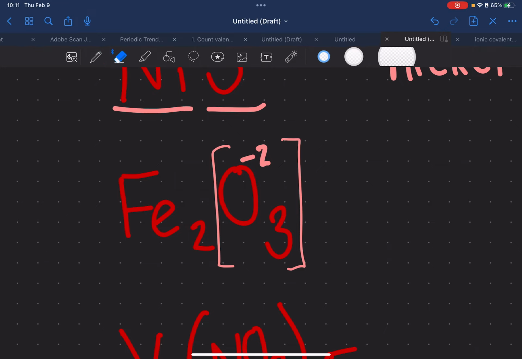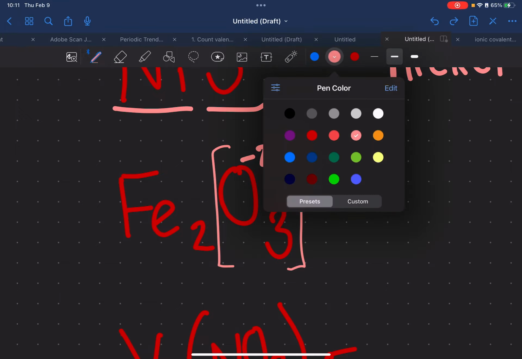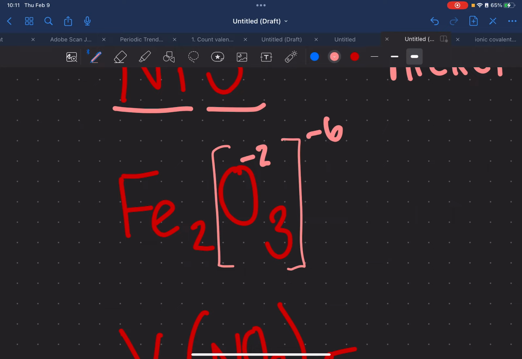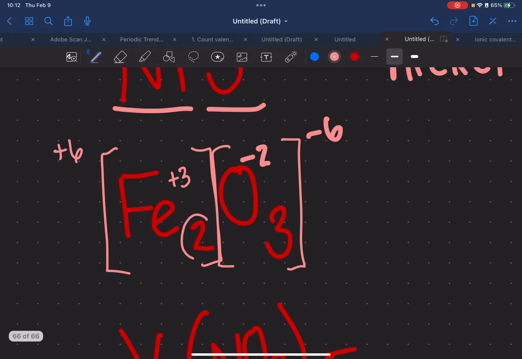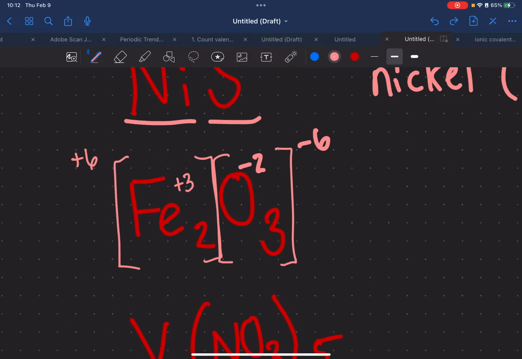So all of my oxides together have a charge of -6, which means that all of my irons together must add up to +6. And if both of my irons combine to make a +6 charge, then each iron individually must have a +3 charge, because I have 2 of them. So 6 divided by 2 is 3.